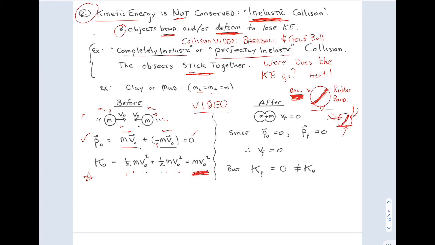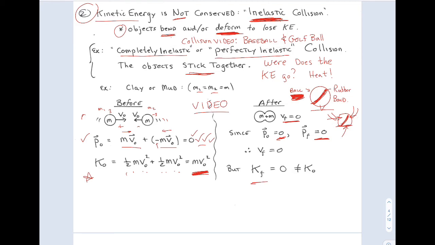In the after picture, we're going to see in the video that when they hit, they come together, stick, and stop. The reason they stop is because they have the same mass and the same speed. So final velocity is 0. Initial momentum is 0, and final momentum is 0 because they're not moving.